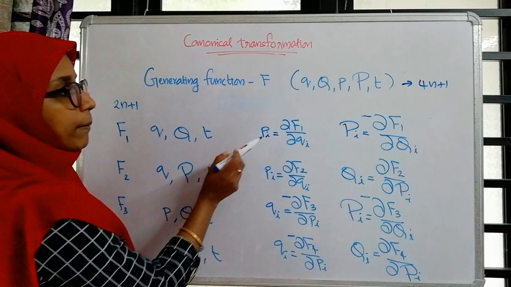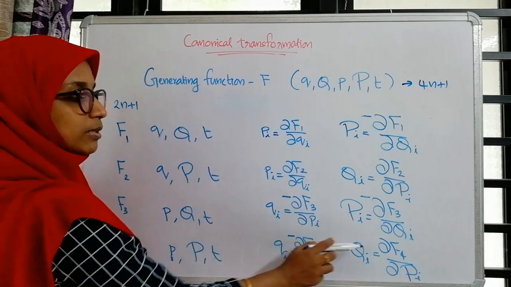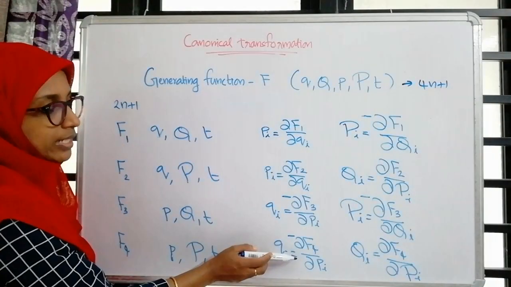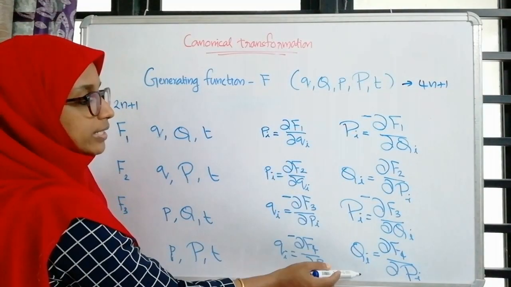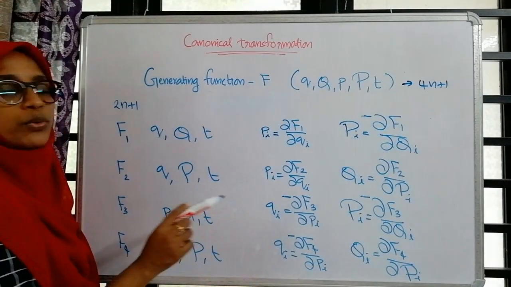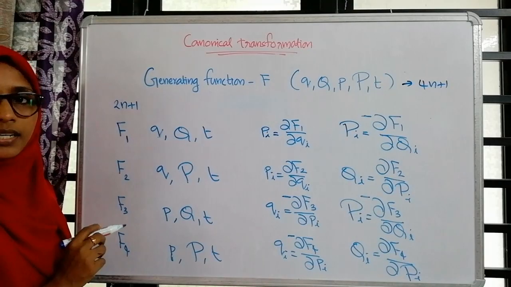That is, the signs are plus minus, plus plus, minus minus, minus plus. And the small coordinates are derived in terms of small coordinates only, and the new coordinates in terms of new coordinates only. These are the terms to remember for the theory of generating function transformation equations.